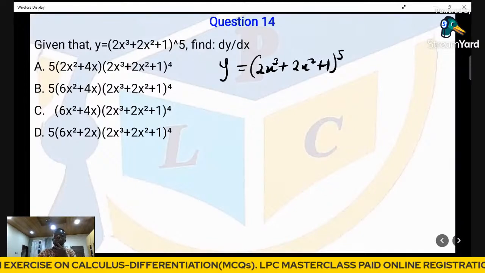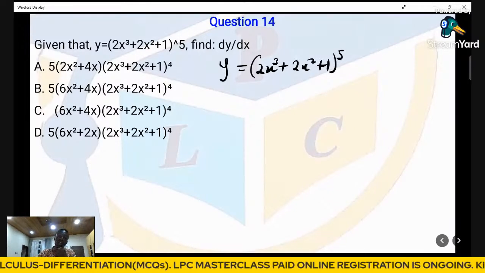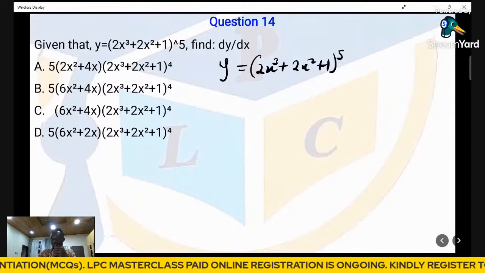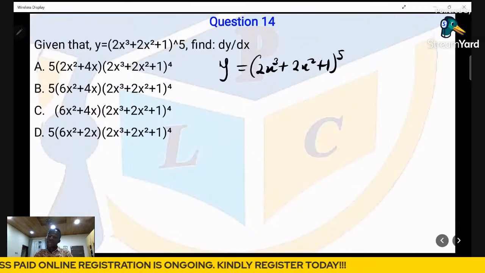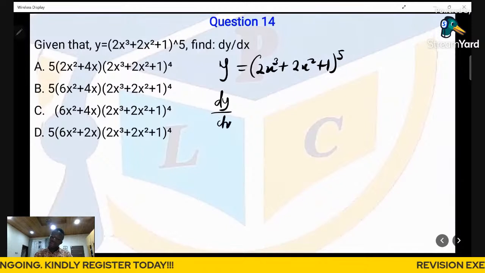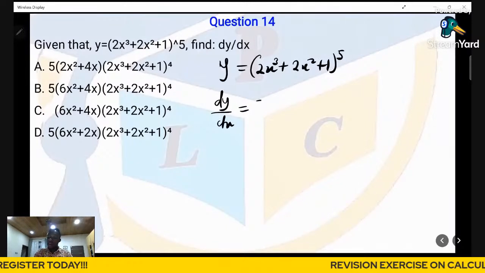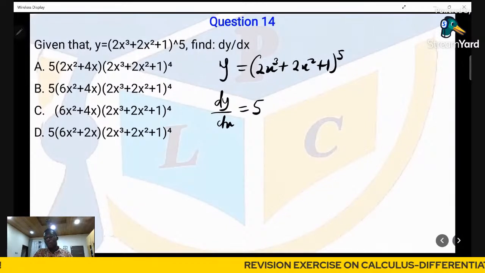Very simple. When it comes to higher derivatives or higher powers, to differentiate this kind of function, you first of all follow the normal rule by differentiating the power. So you say that dy over dx should be equal to, bring the 5 here to multiply the coefficient of the whole term under consideration.